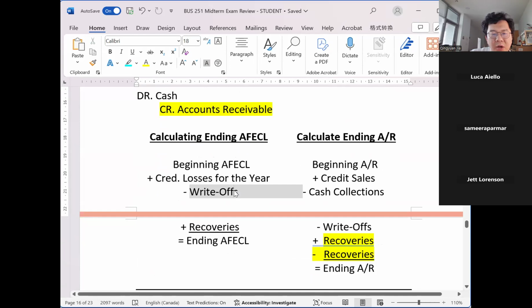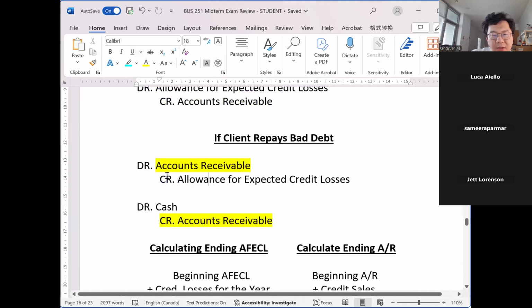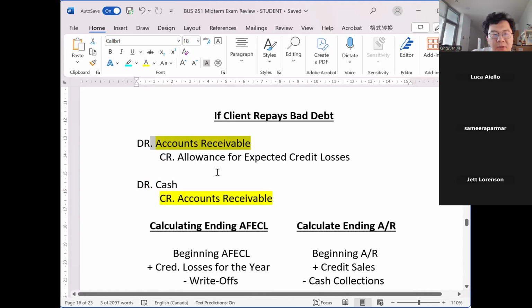We subtract the write-offs because we know that we don't want this part; we are not expecting the customer to pay. And the reason we add back the recoveries is that for this amount that is recovered, we will credit allowance for expected credit loss.